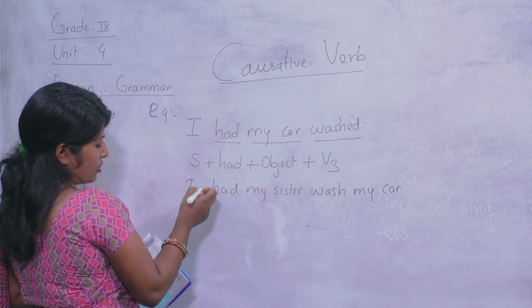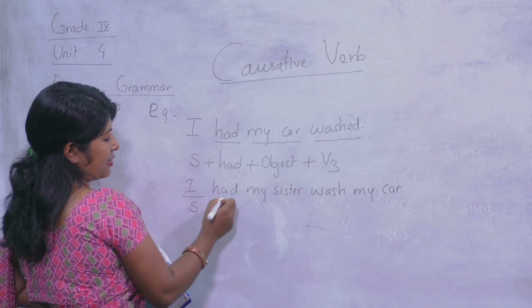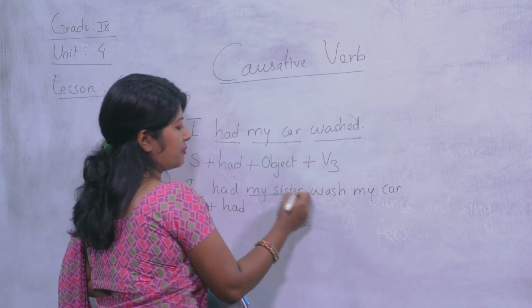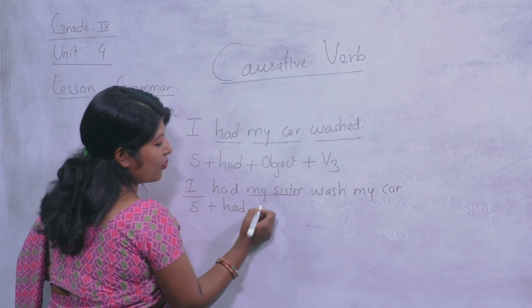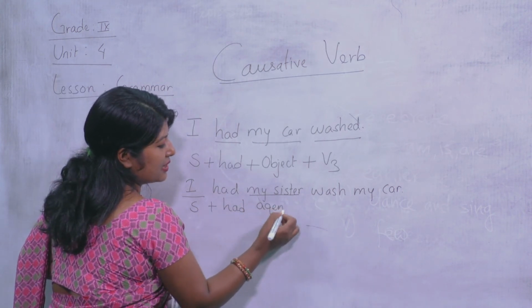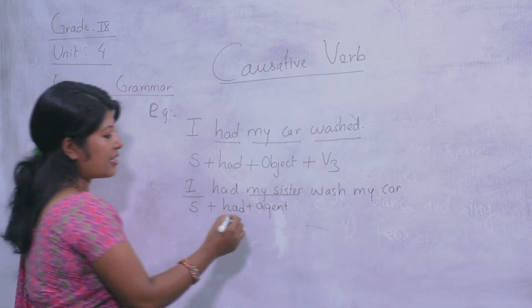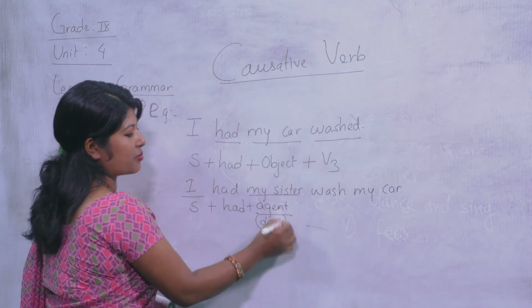Here in this structure you can find the subject, you can find "had" as the causative verb, and my sister here is the agent, not the object. Agent means doer, who does the work.